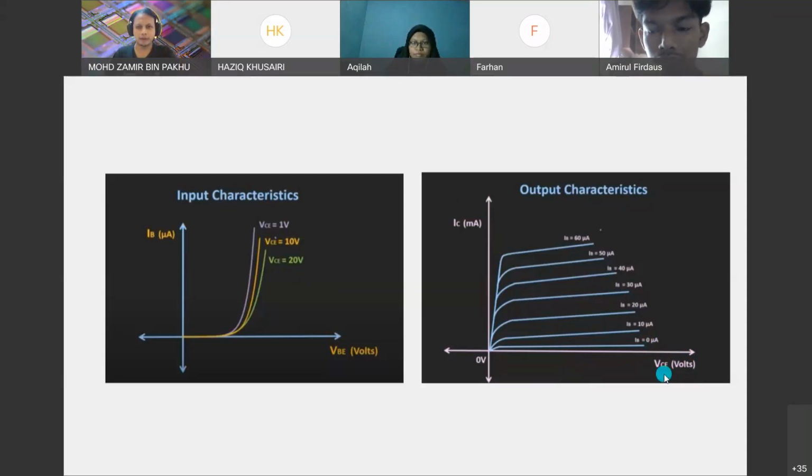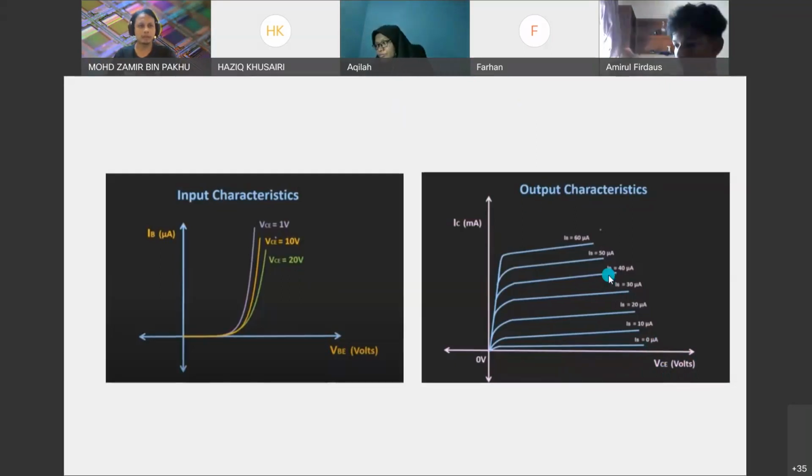Right. Any last question? Maybe my last question: what is the typical range of the amplification? You mentioned alpha, and alpha is the gain, isn't it? So do we have a range of the current gain?